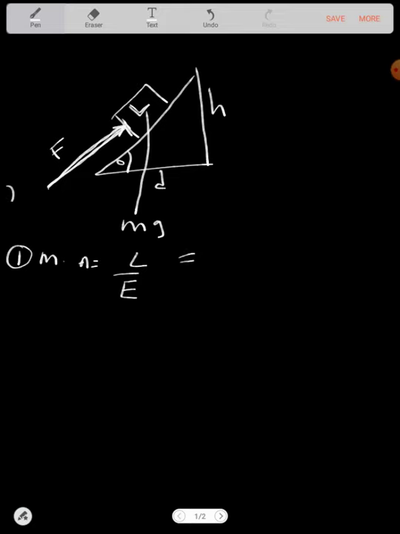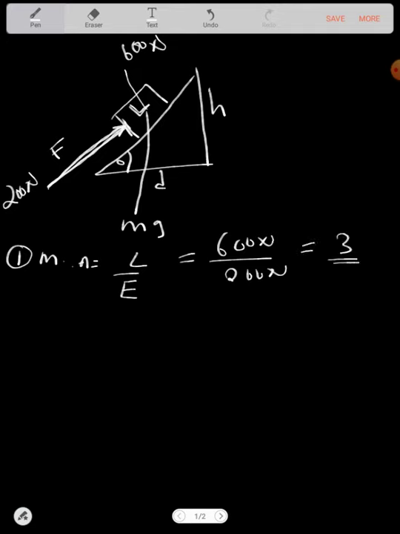So let's say this is 200 newtons, I'm just assuming, and the load is 600 newtons. My mechanical advantage will be 600 newtons over 200 newtons, and this will give me 3. They have no units, right?